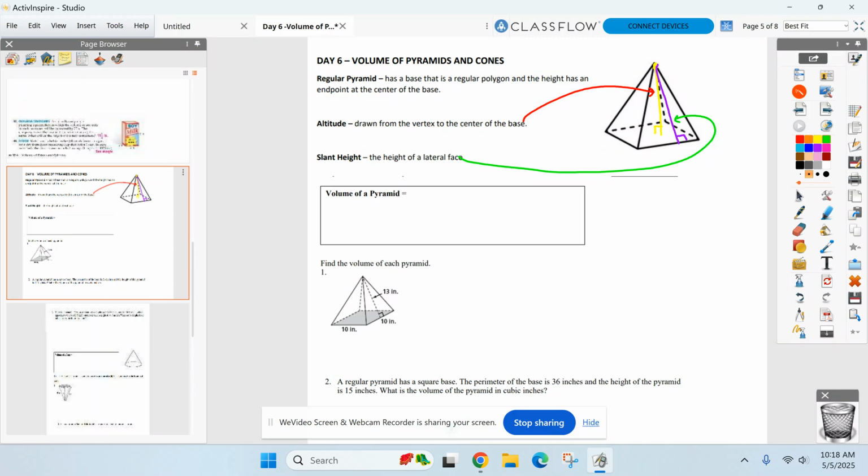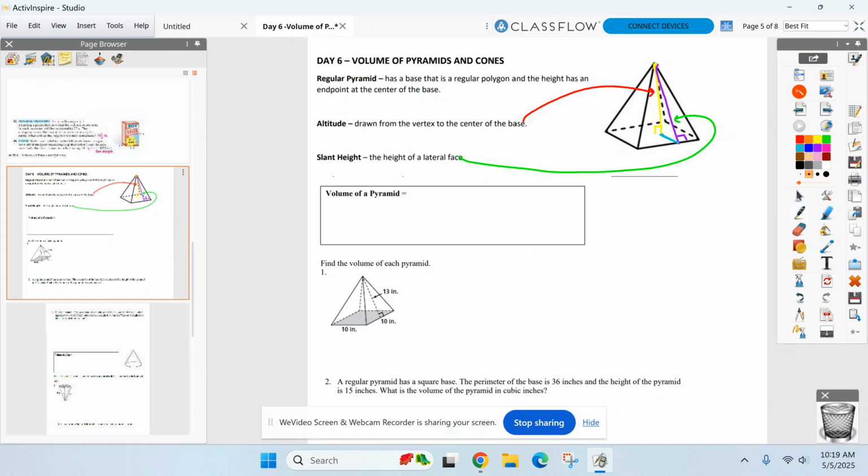You'll notice now I have two sides of what we're going to form of a right triangle. I will not probably be giving you everything. You're going to have to find the actual height, and we're going to do that using the Pythagorean theorem with this right triangle here. Questions between the altitude and the slant height?